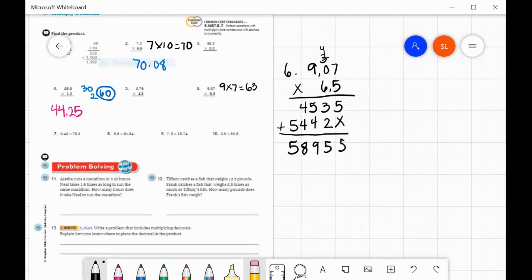So if we look at this, we know right now that probably our decimal is going to end right between the 8 and the 9, because that would make the answer near 60. But let's go ahead and double check to make sure. We're going to look behind our decimal.